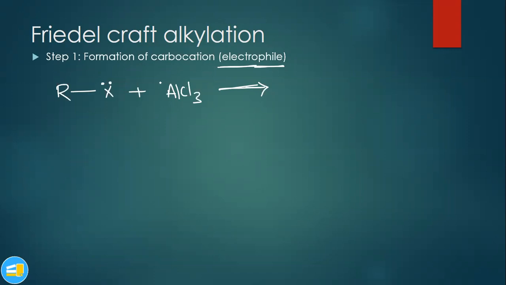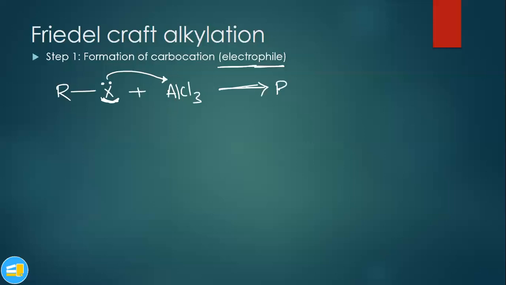Now that vacant p orbital will be attacked by a lone pair of X, and this step happens just to increase the polarity, to facilitate or increase the rate of formation of the carbocation, or to ease the removal of this X group from the compound RX.